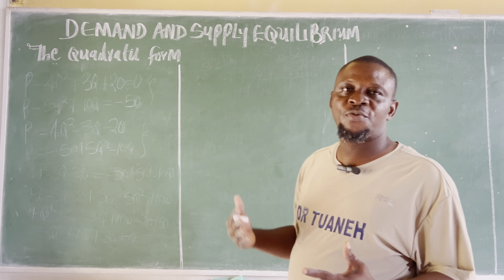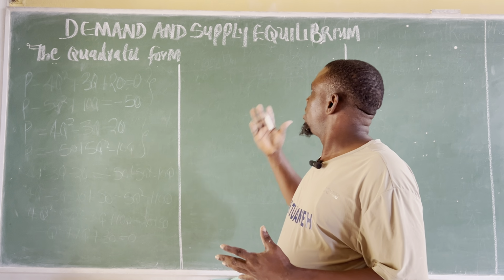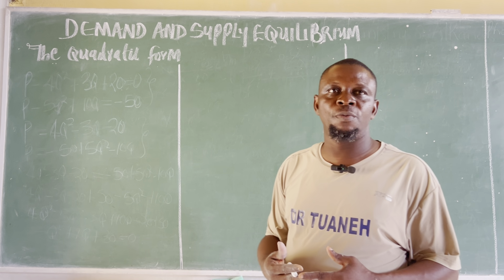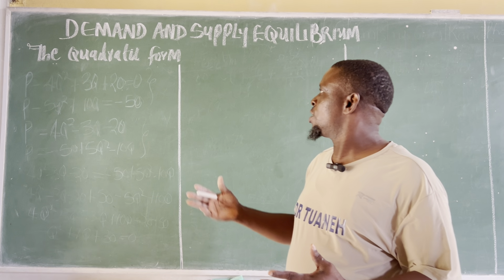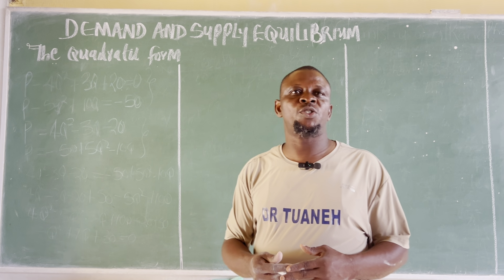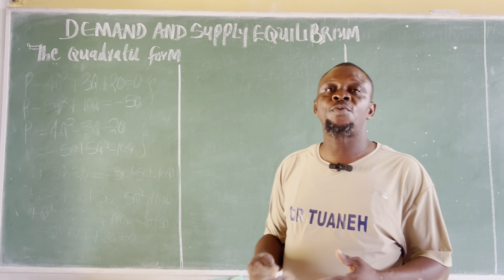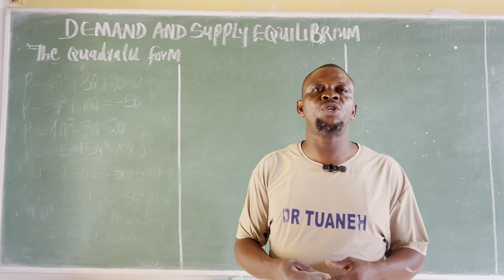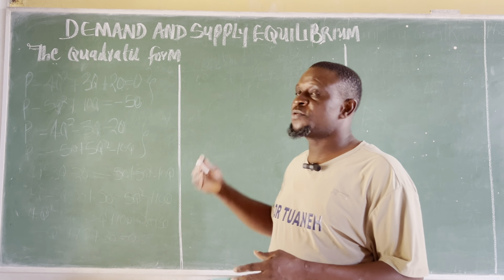In the continuation of our class on demand and supply equilibrium, today we want to look at the quadratic form of demand and supply equilibrium. Sometimes this demand and supply equation can be given in quadratic form.